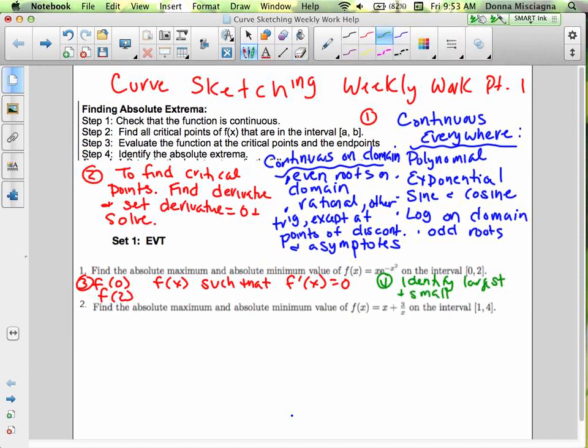These are your absolute extrema. So if you can find a derivative, set it equal to 0, evaluate functions, and verify continuity on the interval, you can find the absolute max and min. That's all there is to this one.